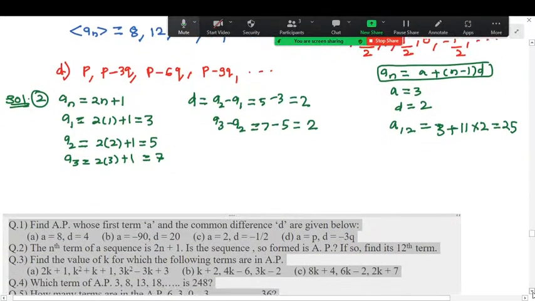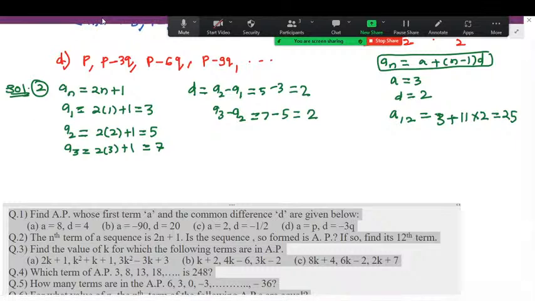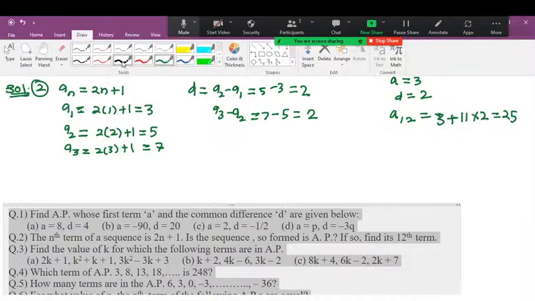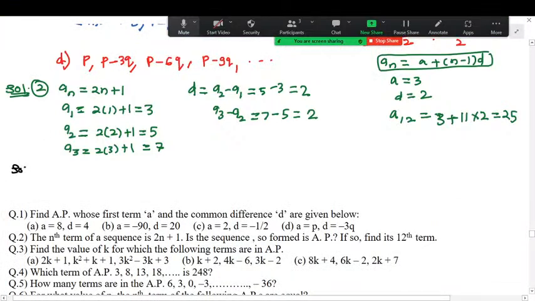In the third question, it is given that the sequences are in AP. It's given in the question itself that the following terms are in AP, then find the value of k. Okay, let's start with solving the first one. I'm helping you with the A part, and you solve B and C at your place.